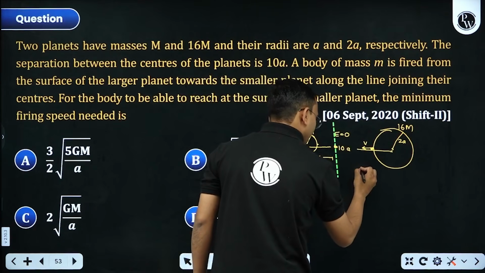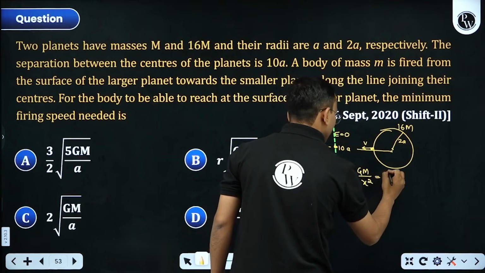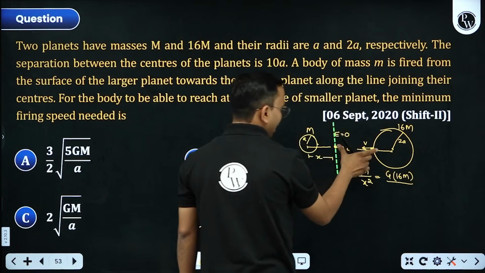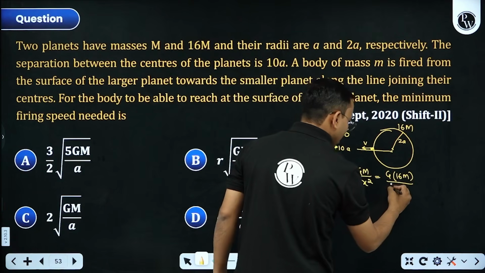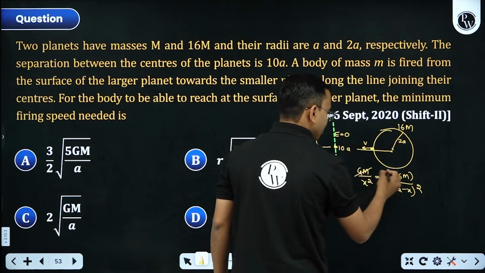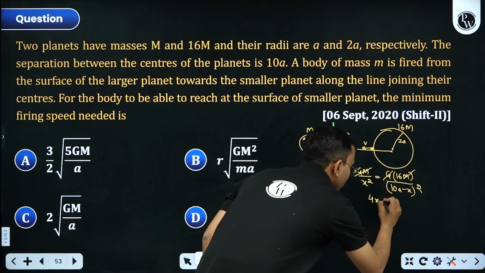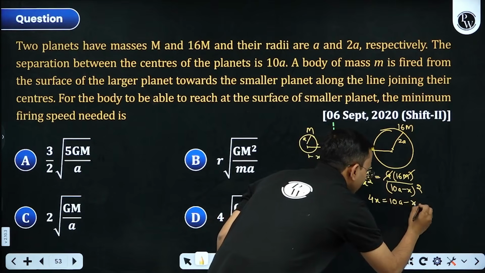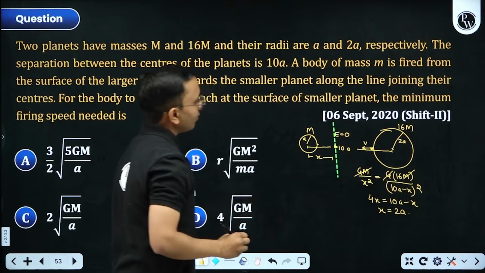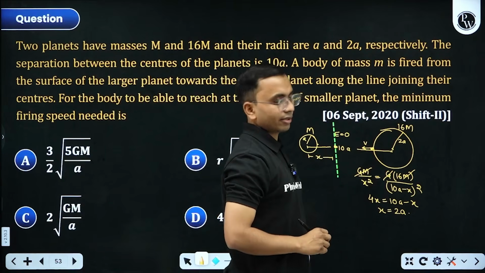So Gm divided by x square is equal to G into 16m divided by (10a minus x) square. Gm got cancelled. 4x comes out to be 10a minus x. So x comes out to be 2a. So this is 2a, and from here it is 8a.